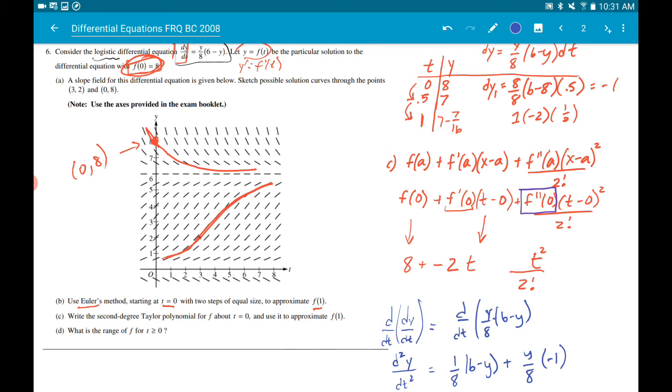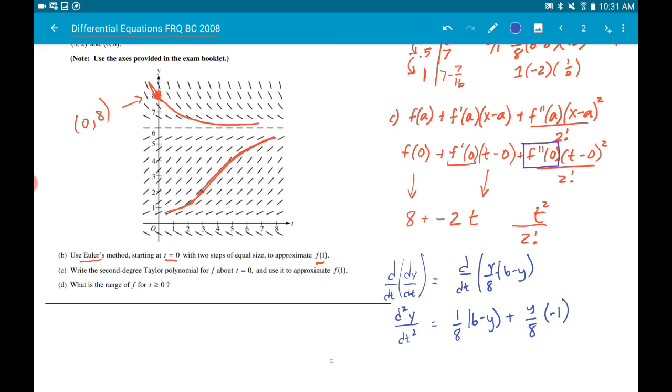Hope you can't hear my stomach, it's like growling. So if I want the second derivative at t equals 0, again, the corresponding y value for t equals 0, I had it up here earlier, I erased it, is y equals 8. I'm going to end up having a 1/8 times 6 minus 8.